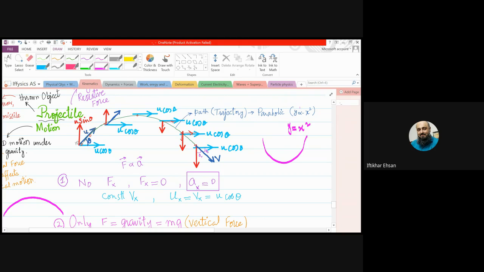But the projectile trajectory is downward, so it is with negative x square, right?